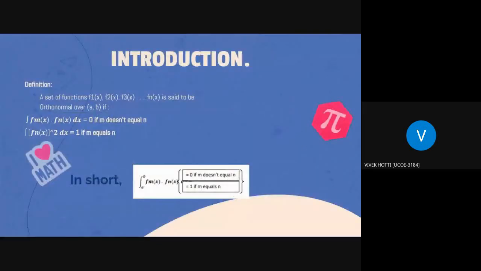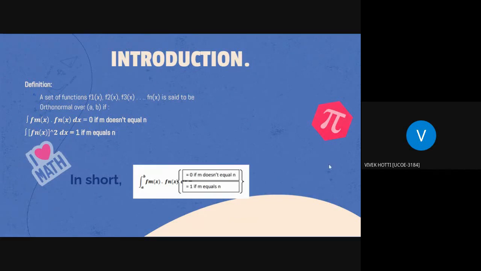Now, moving on, let us first understand what is meant by orthonormal functions. A set of functions f1(x), f2(x), f3(x) until fn(x) is said to be orthonormal over an interval [a, b] only if the integral of the product of fm(x) and fn(x) over the interval [a, b] dx is either 0 if m doesn't equal n or equals 1 if m equals n.